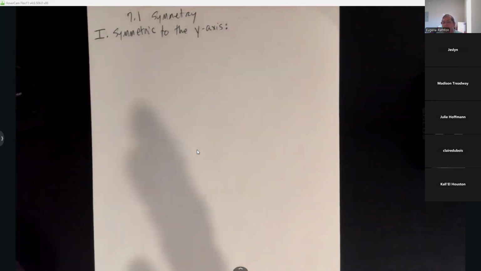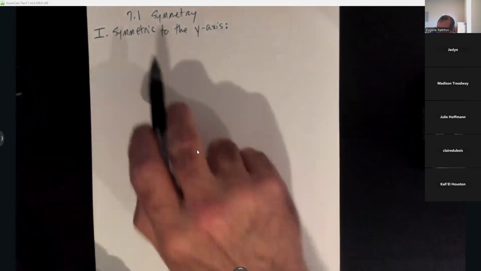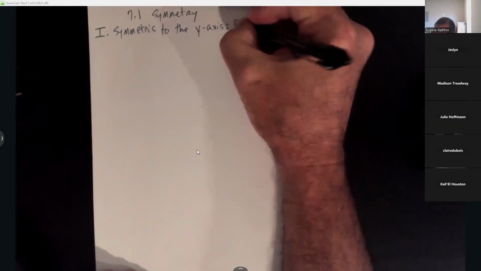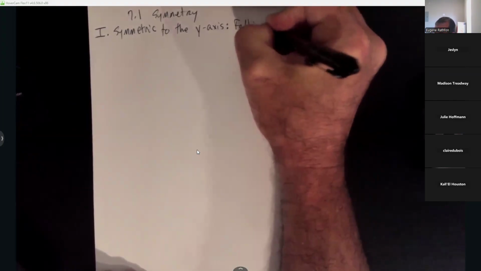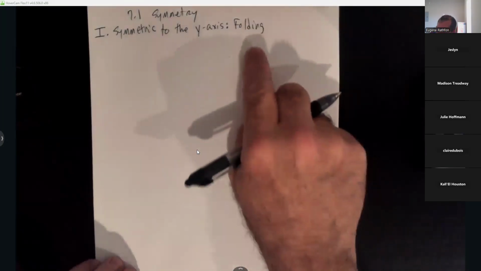And remember, symmetry is like your human body. If you cut it right down the center, your left side would be symmetric to the right side. So that's sort of what we're looking at. So if it's symmetric to the y-axis, then if you fold the graph along the y-axis and you fold it over, if the graph lands on top of itself, then it's symmetric to the y-axis.